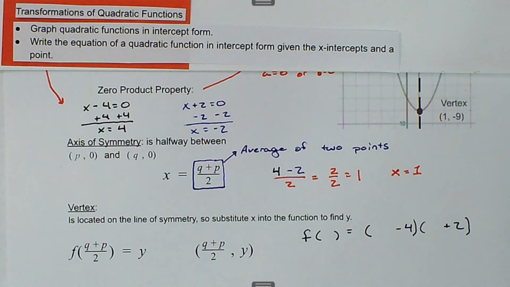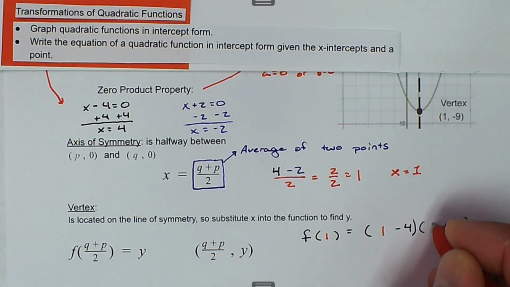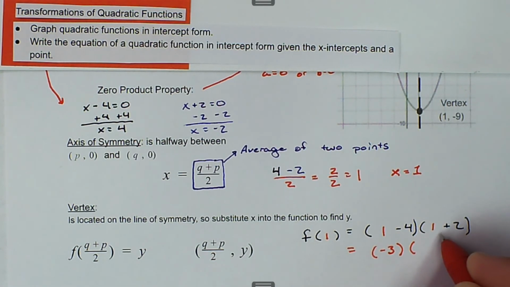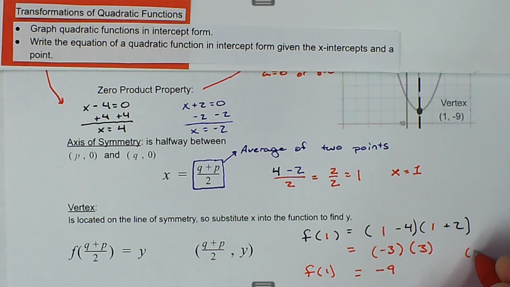So I have to substitute 1 into the equation, and then we get the function evaluated at 1. So this one is equal to negative 3, and 1 plus 2 is 3. And so we get the function evaluated at 1 is equal to negative 9. So then we get the coordinate 1, negative 9 for the vertex.